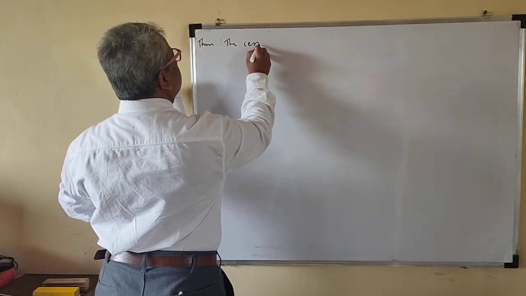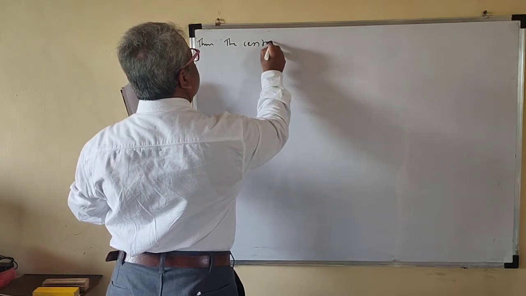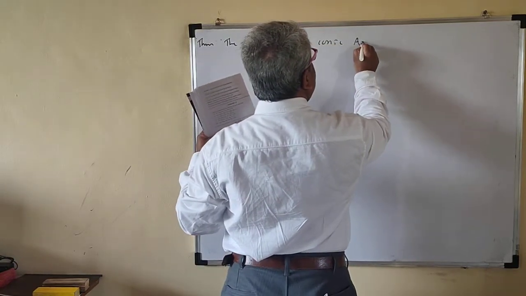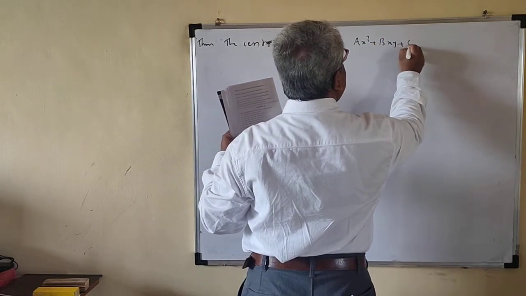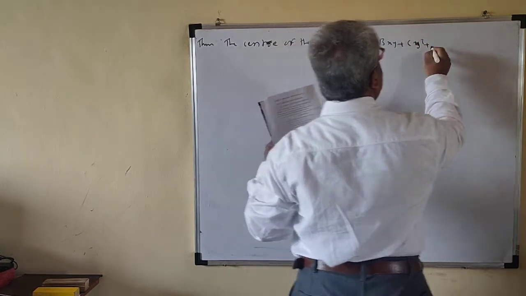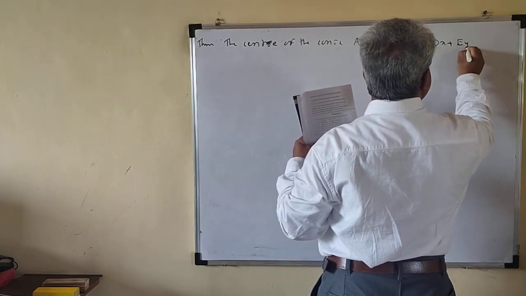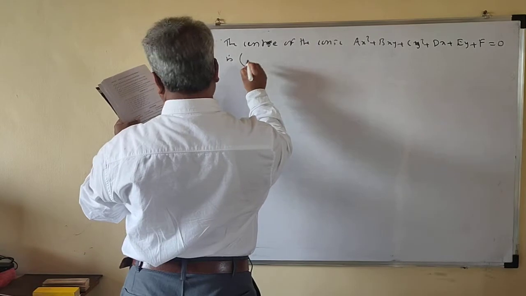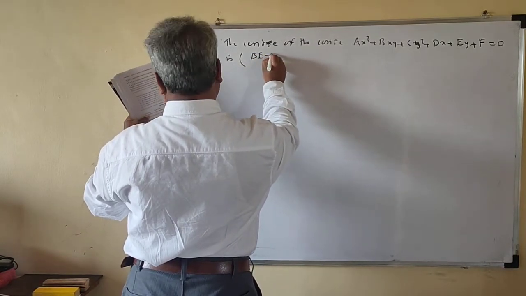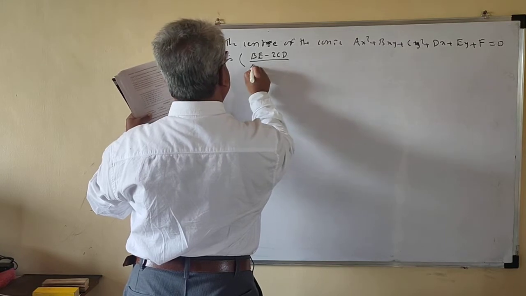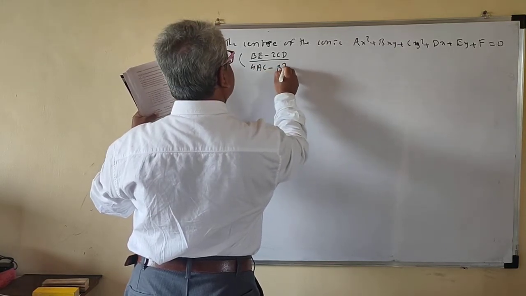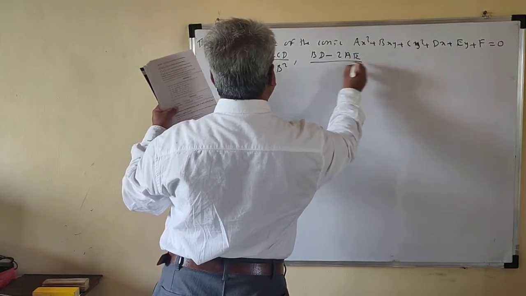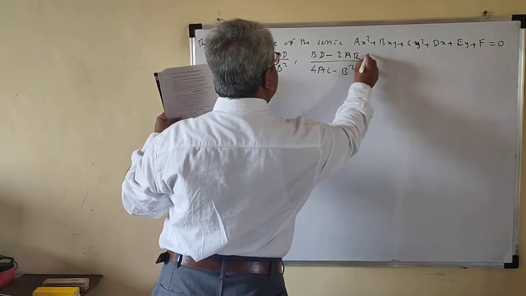The center of the conic ax square plus bxy plus cy square plus dx plus ey plus f is equal to 0 is given by minus twice cd upon 4ac minus b square, and minus twice ae upon 4ac minus b square.